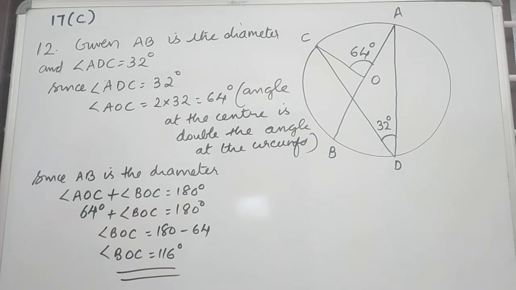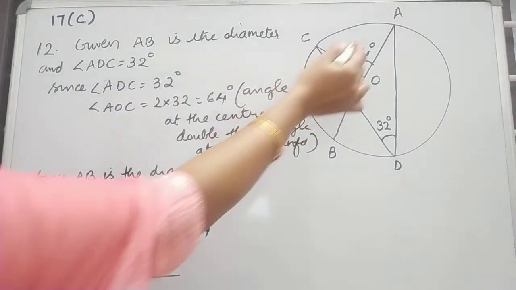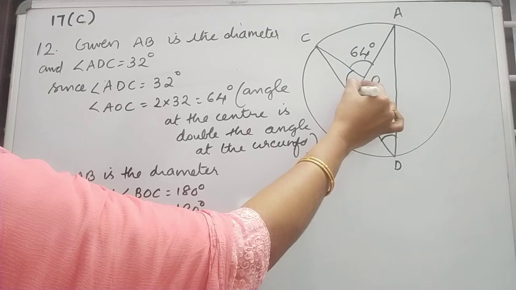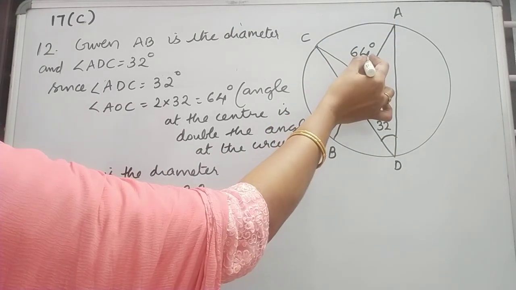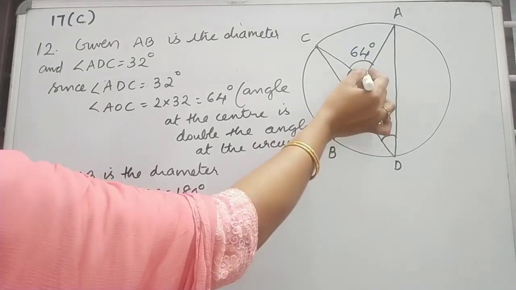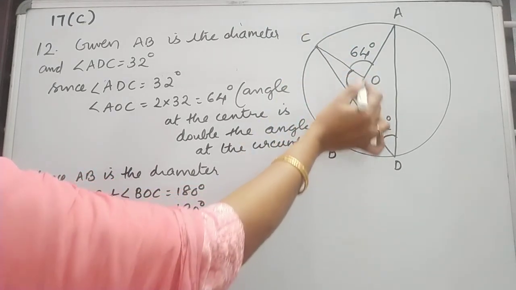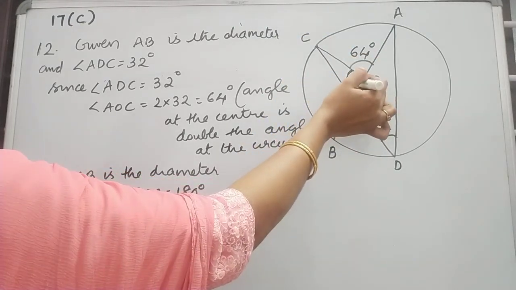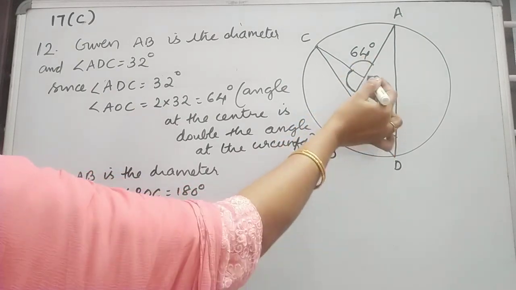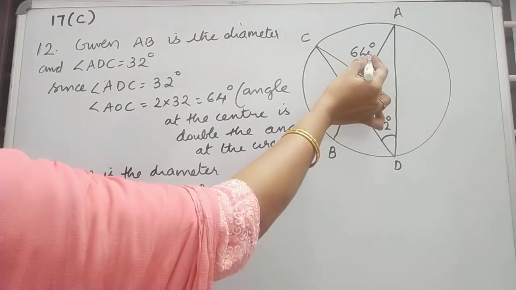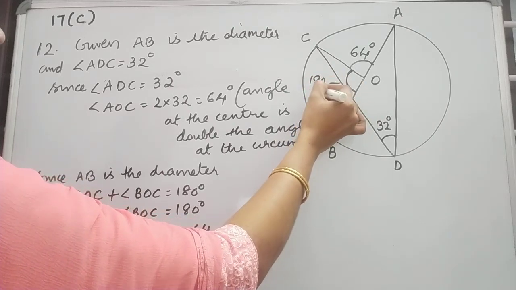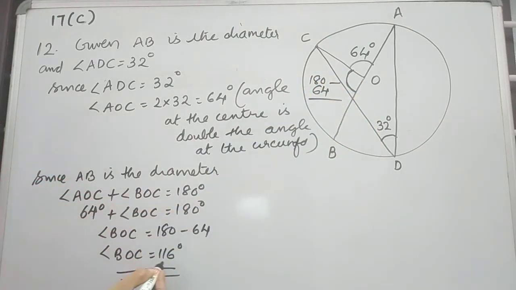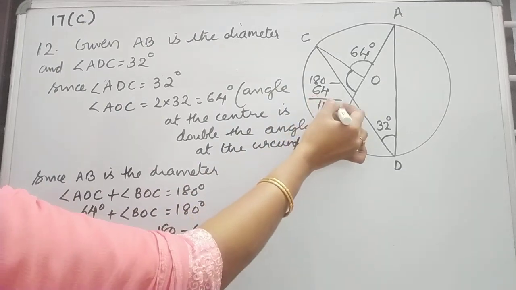So angle AOC plus BOC, the sum will be 180 degree. Sum of 64 and angle BOC is 180 degree. So BOC will be 180 minus 64. So angle BOC is equal to 116 degree.